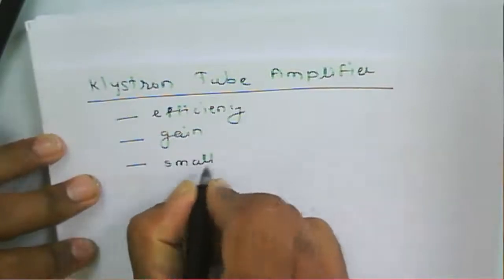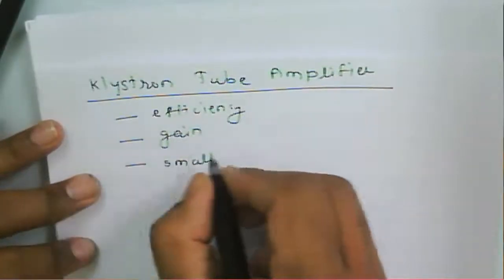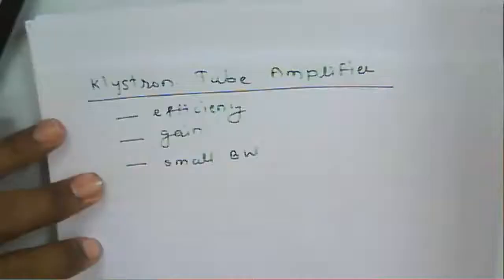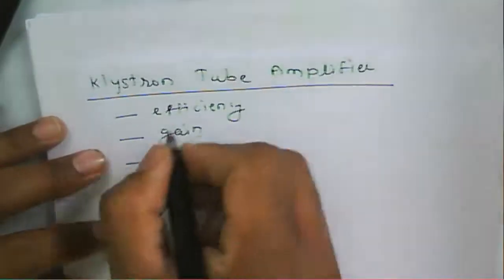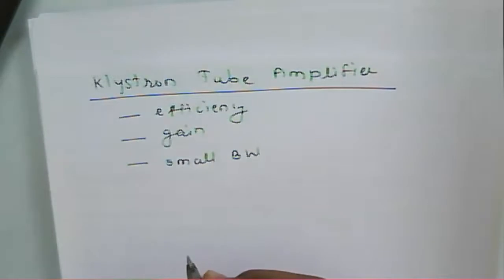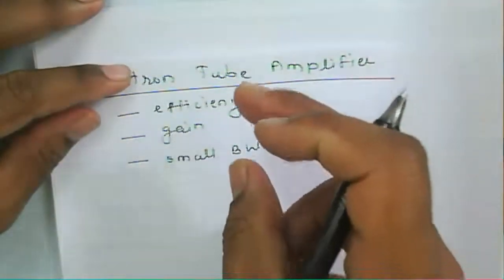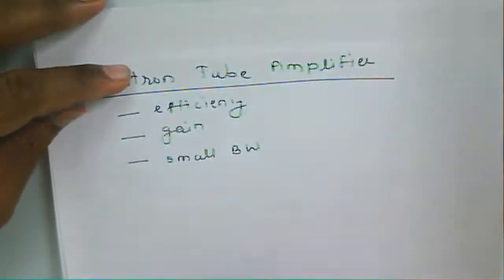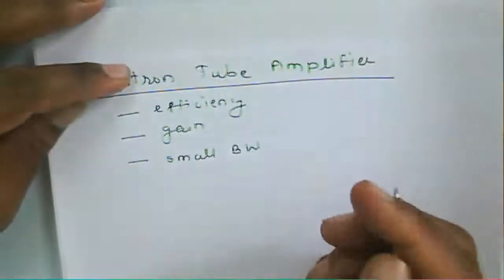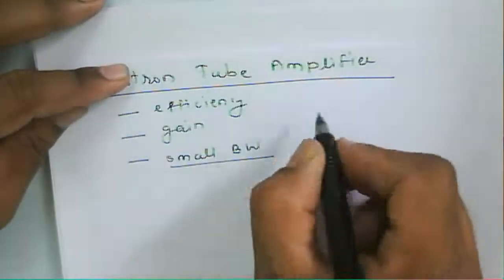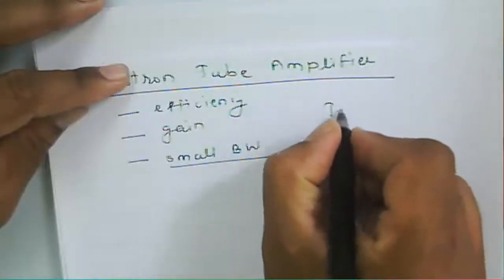It is not used for wideband operation; it has a small bandwidth. The Klystron tube amplifier is used in a small earth station, and because of its small bandwidth, it is useful for the transponder.